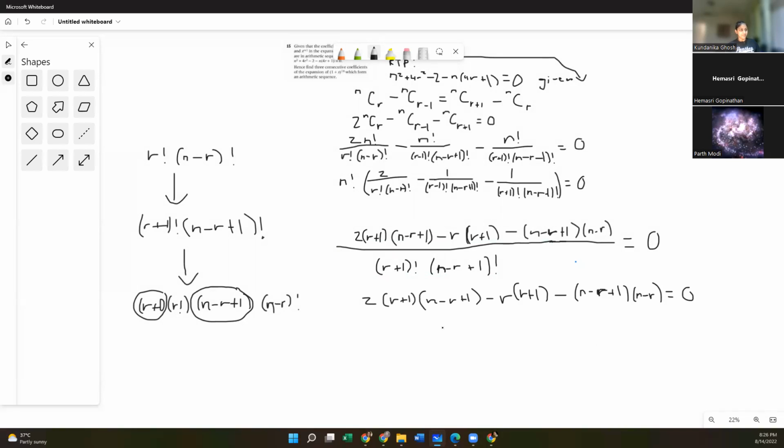Now we're going to fully expand this equation. So we have 2r. I'm going to erase this and rewrite it as 2r plus 2, just so I don't have to write an extra line. Okay, 2r times n is 2rn, is that an r? Yes, it's an r.